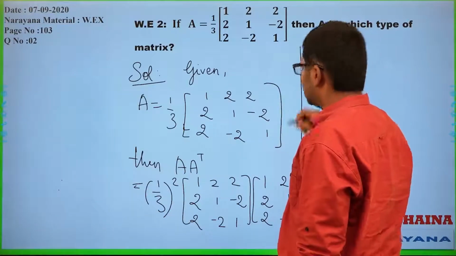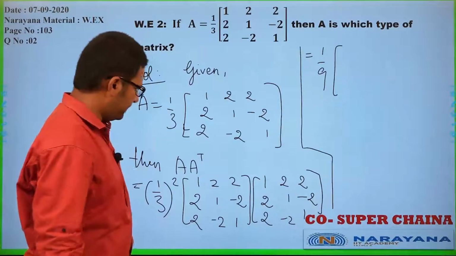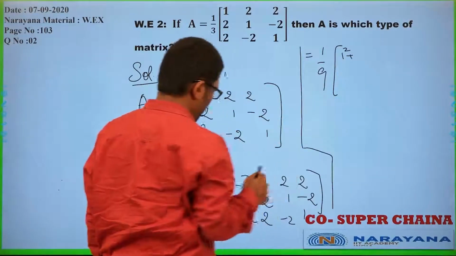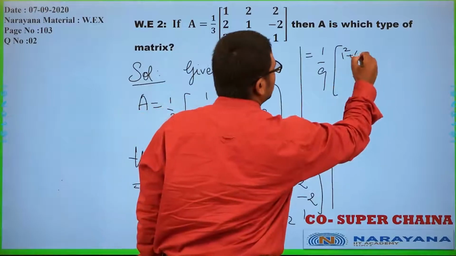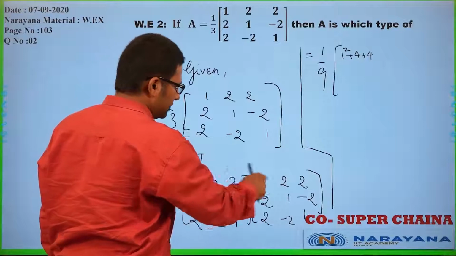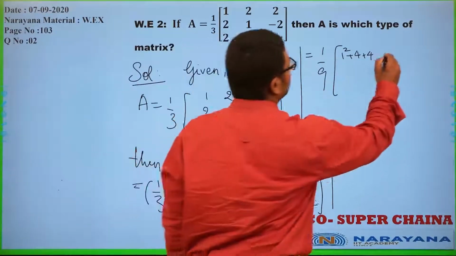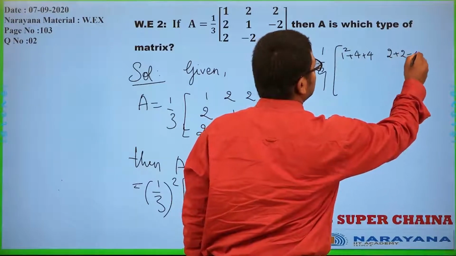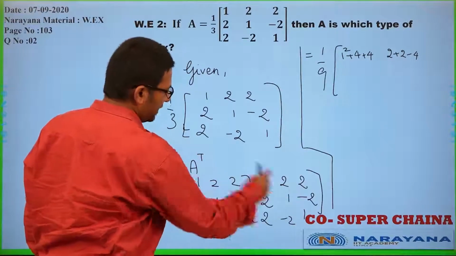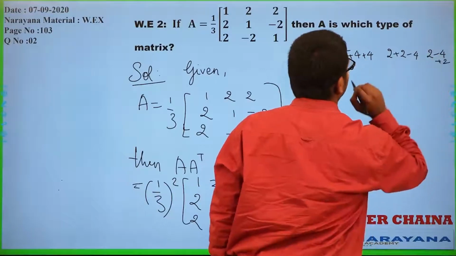So this is 1 by 9 into 1 square plus 2 into 2, 4, 2 into 2, 4. Then 2 plus 2 minus 4, 2 plus 2 minus 4. Then 2 minus 4 plus 2, 2 minus 4 plus 2.